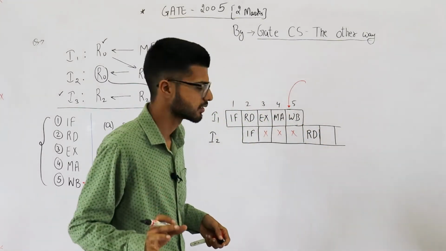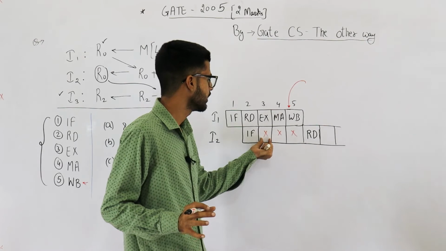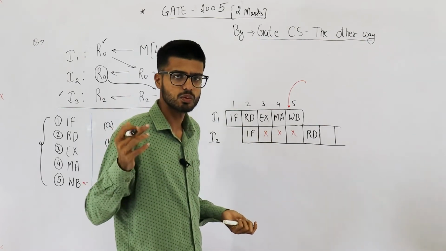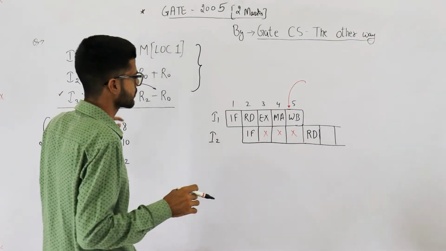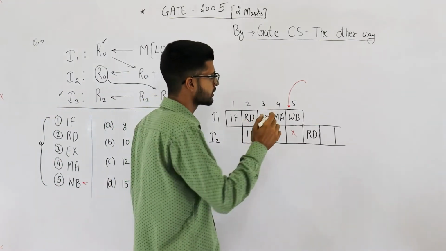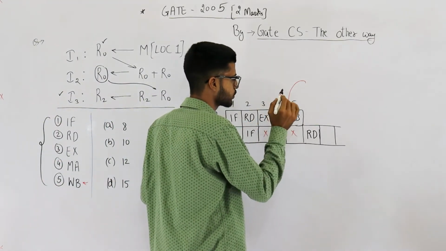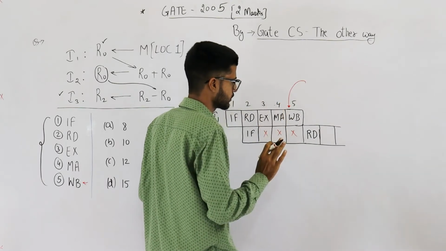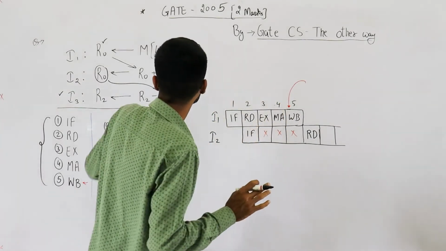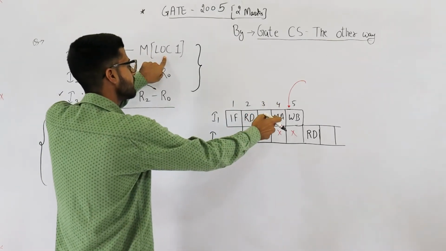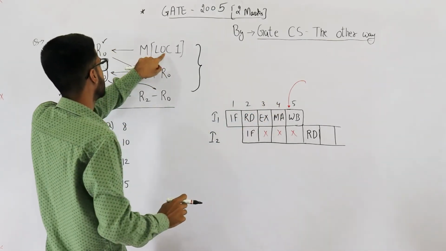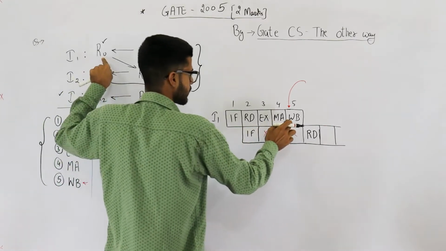Because anyways, if you try to read here, it will be reading the older value, any garbage value present in R0. Obviously it has to be done after memory access phase, because memory is being accessed in 4th cycle. And even after accessing the memory, we are updating that R0 in WB.